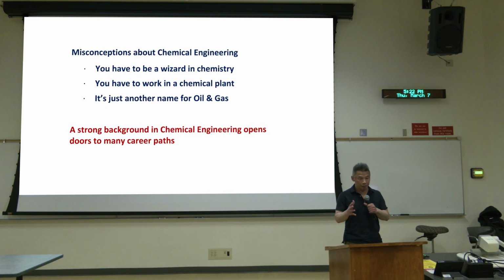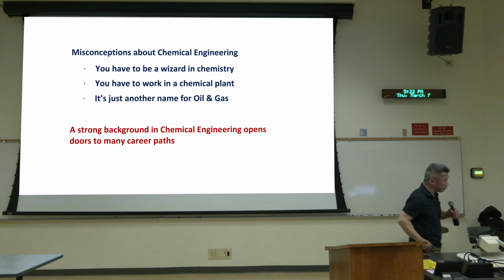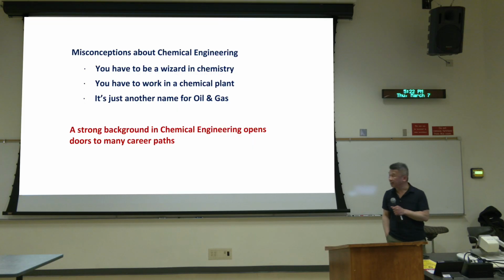And in that regard, I would also argue that chemical engineering is the central engineering, because we are a very eclectic kind of program that touches on so many fundamental aspects of engineering that you have many options. So a background in chemical engineering opens the doors to many career paths, not just steel-toe boots and hard hats and working in a chemical plant. But there's nothing wrong with that.